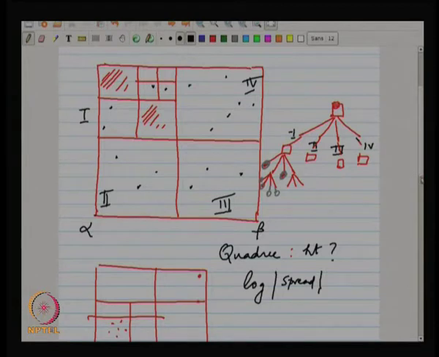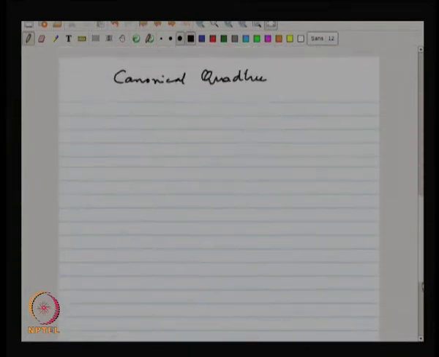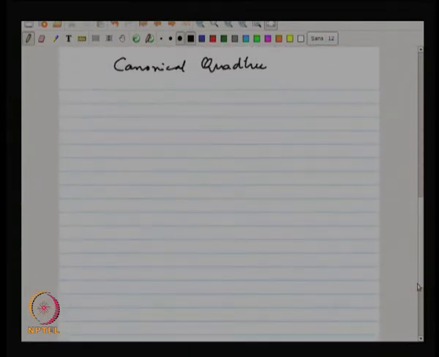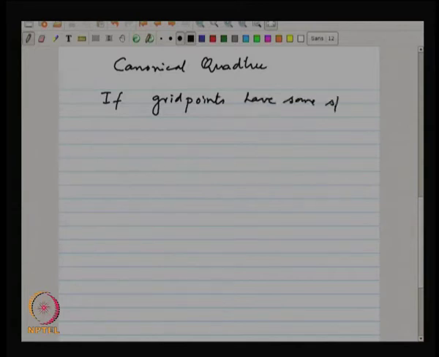So, what I am defining is something like a grid. If grid points have some specific value, say powers of 2, why powers of 2?